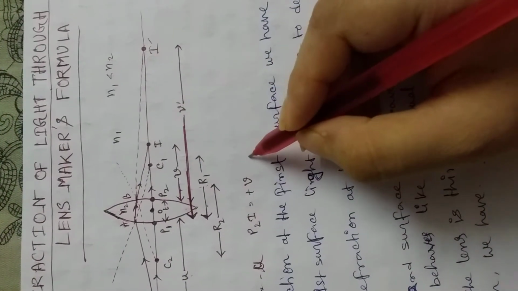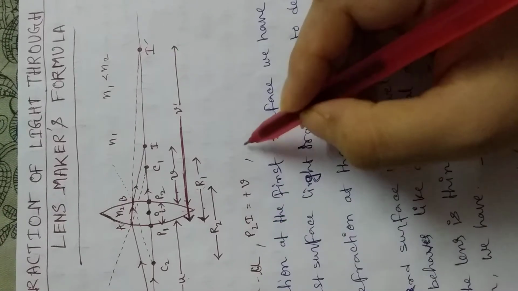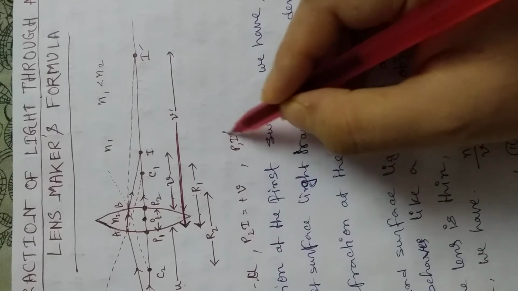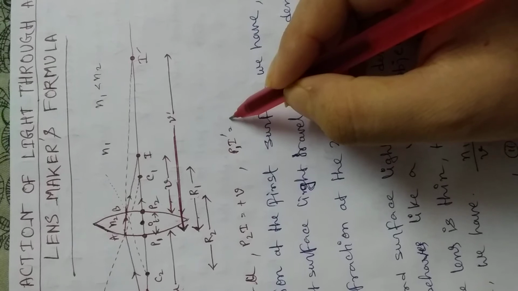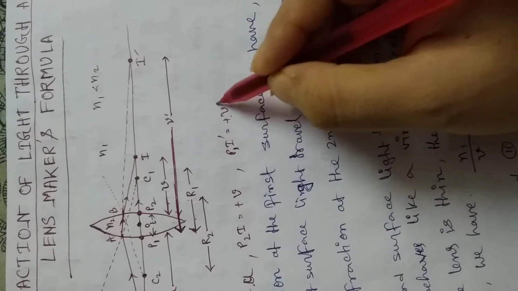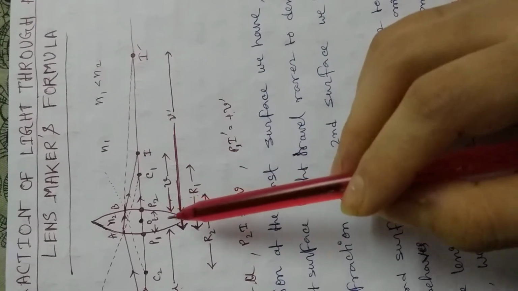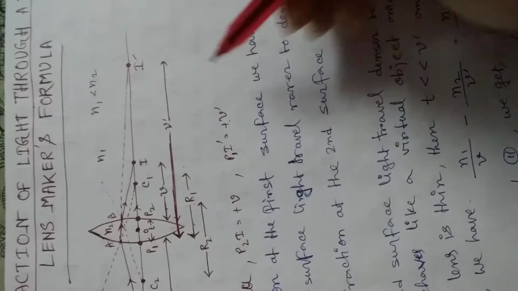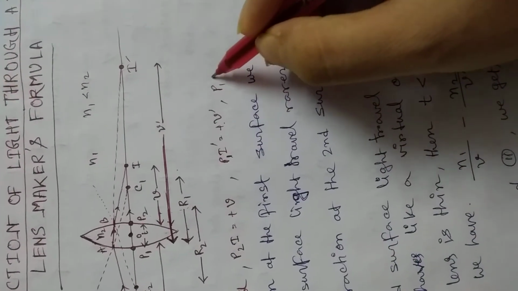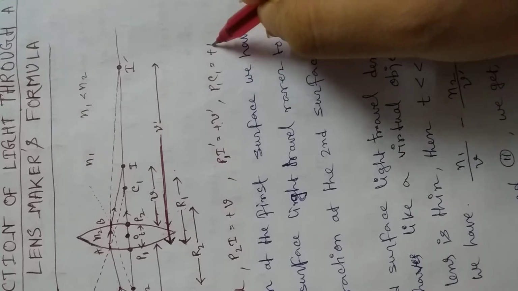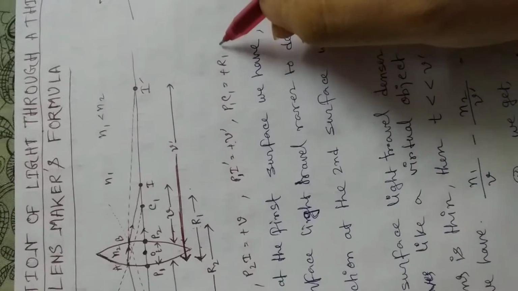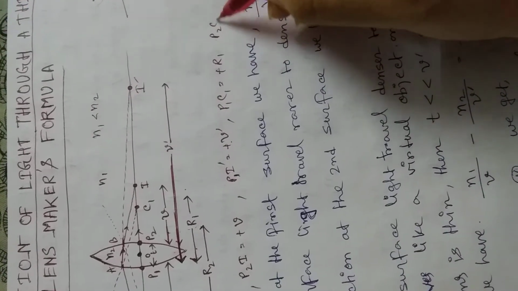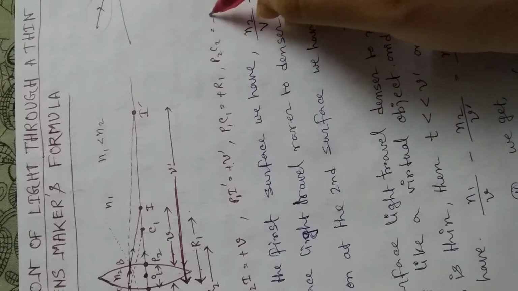P1I dashed equals plus V dashed, and this is R1. That means P1C1 equals plus R1, and P2C2 equals minus R2.